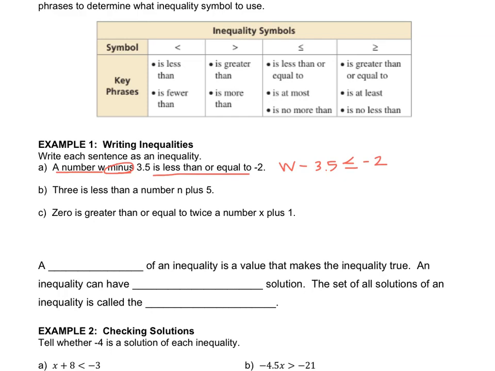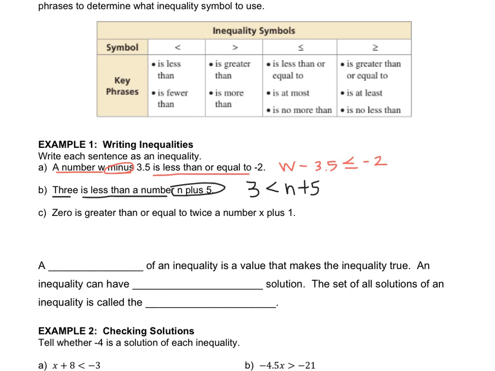A little trick happens in letter B because you have to read it very carefully. It says 3 is less than a number n plus 5. What they're doing is they're grouping n plus 5 together. So the way that you would write that is 3 is less than n plus 5.